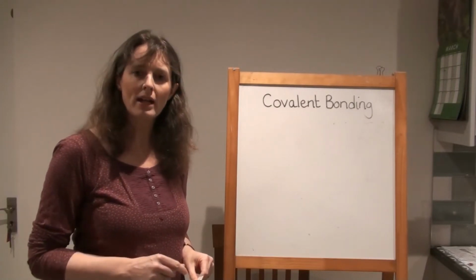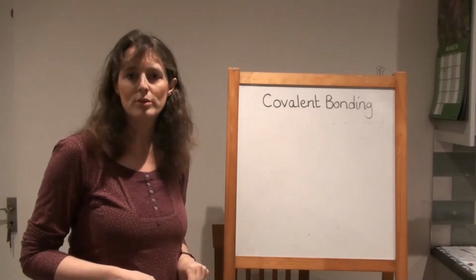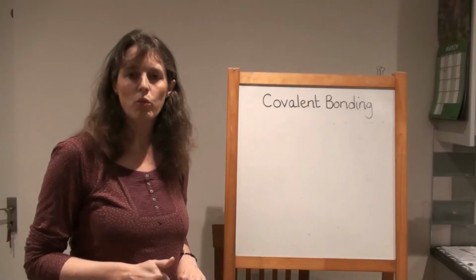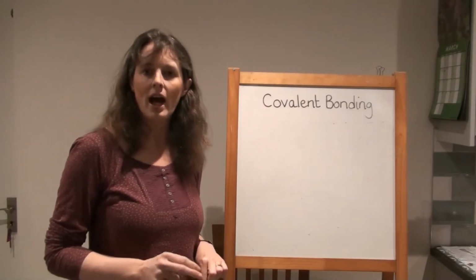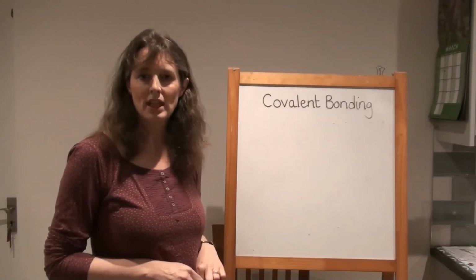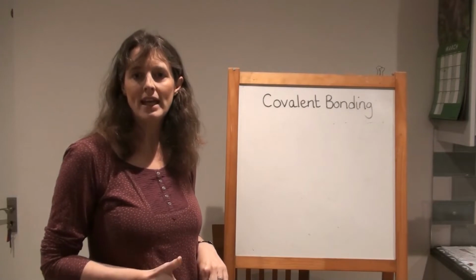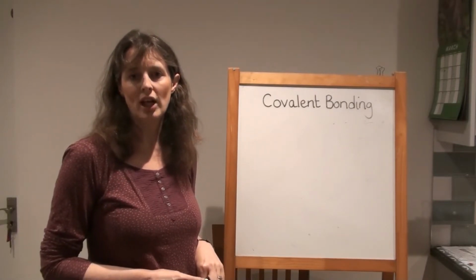So if we think back to when we had ionic bonding, we had metals in groups 1 to 3, which lost electrons, either 1, 2 or possibly even 3 electrons, and then we had other atoms in groups 5, 6 and 7 which were looking to gain electrons, all to get that full outer shell.